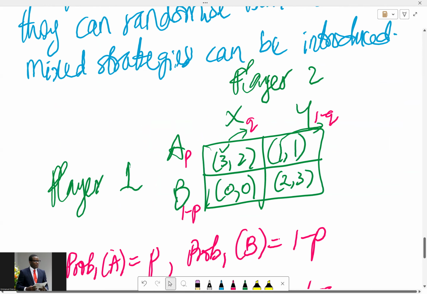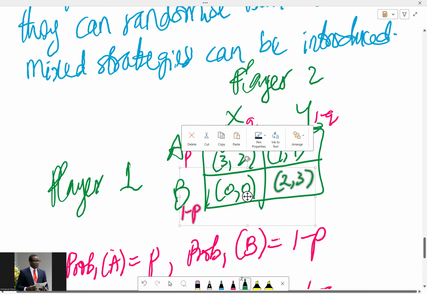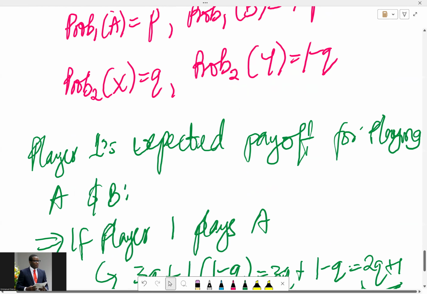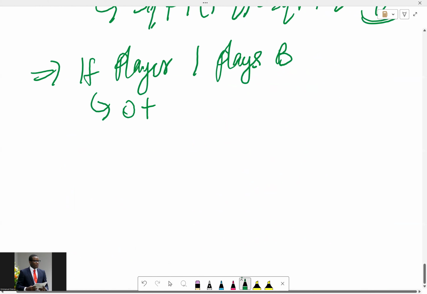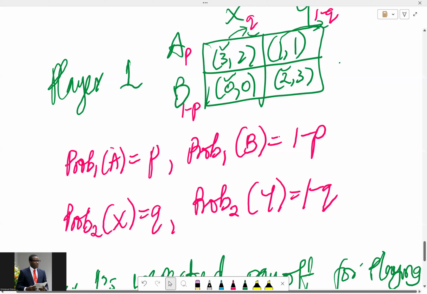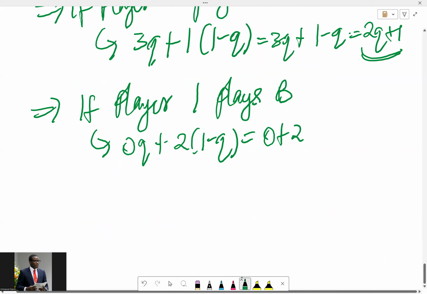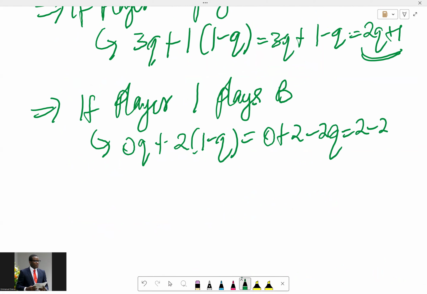Focusing on strategy B, we have 0 if player 2 plays strategy X, which is with probability Q. So we have 0 times Q, where 0 is the payoff and the probability of getting the payoff is Q, plus 2 times 1 minus Q. So we now have 0 plus 2 minus 2Q. That is simply 2 minus 2Q.